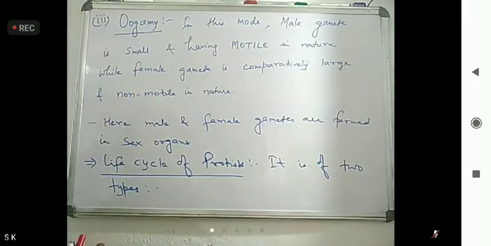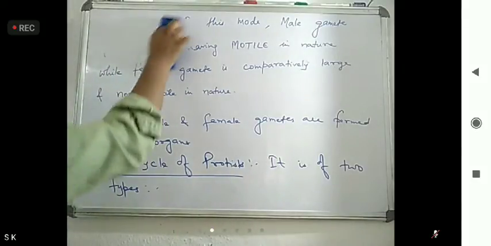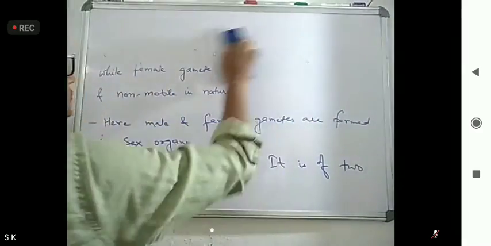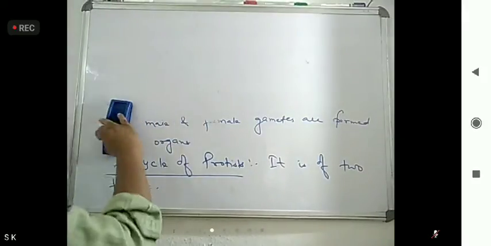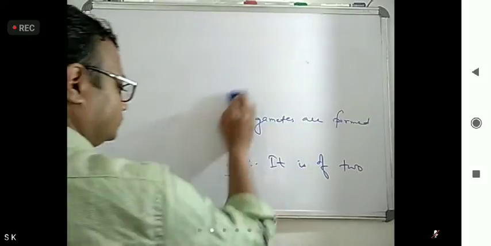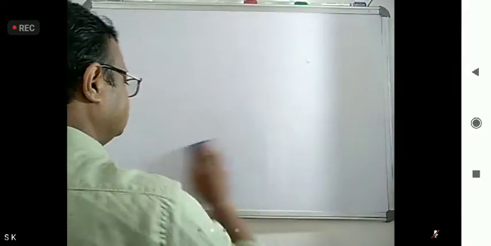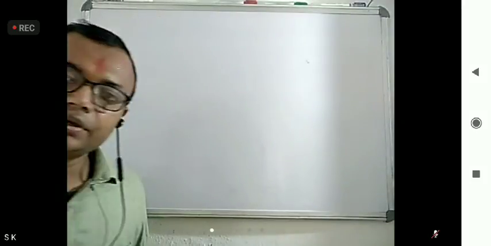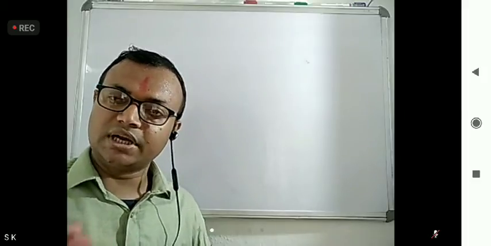One is the life cycle showing zygotic meiosis.